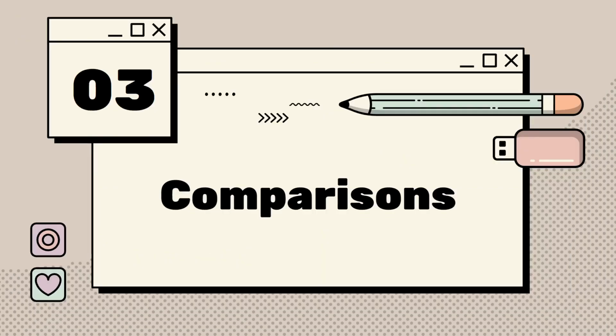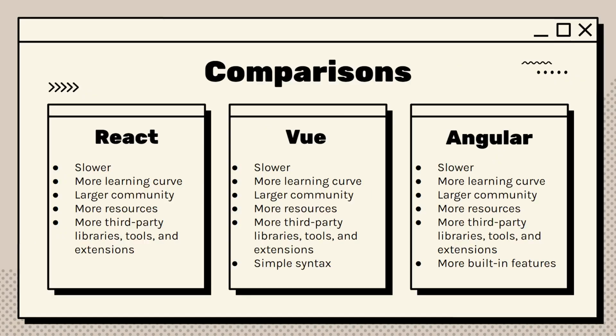Next is the comparison of Svelte to the other frameworks. So I will be comparing Svelte to React, Svelte to Vue, and Svelte to Angular. I have a table right here which shows, for example, React is slower, and actually all of them have a similar comparison to Svelte.